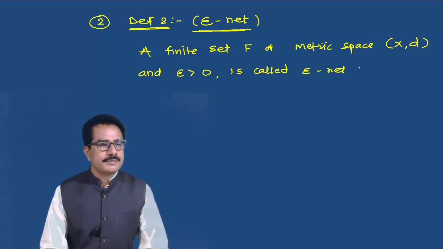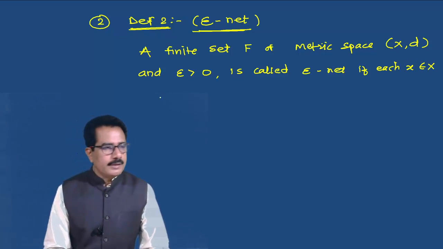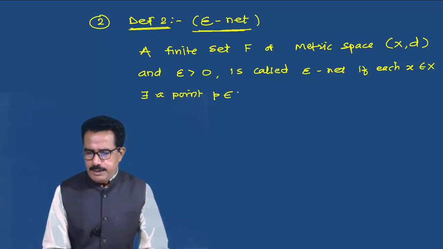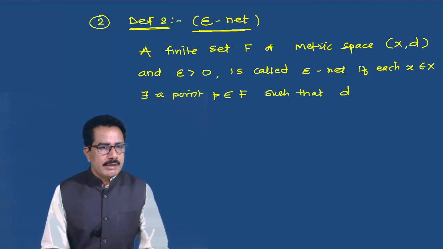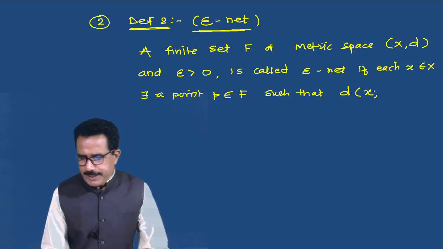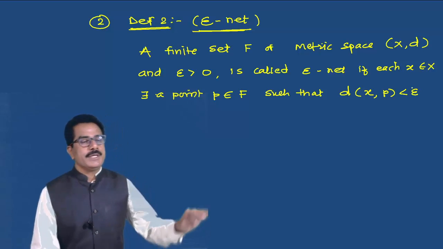for each small x belonging to capital X, there exists a point small p belonging to F such that the distance of x comma p is less than epsilon. See this.